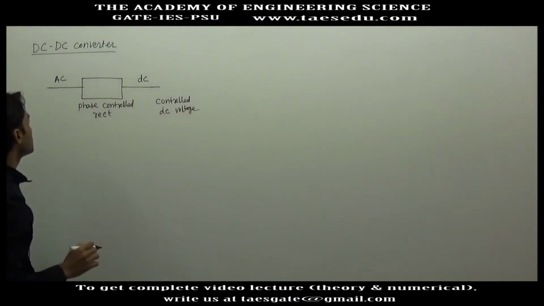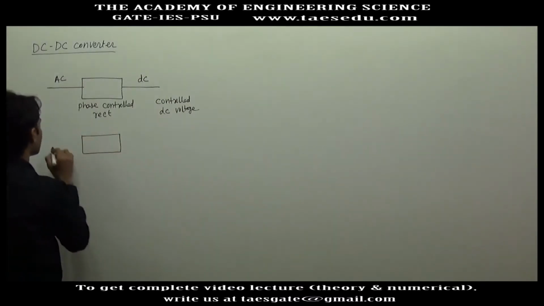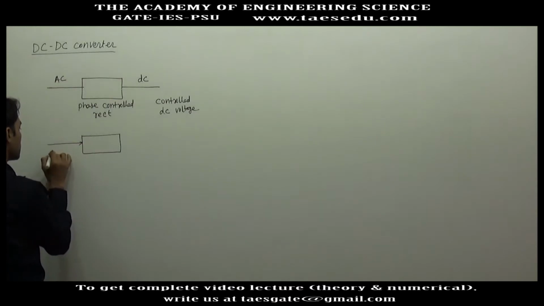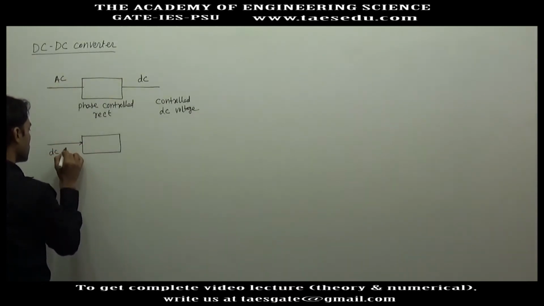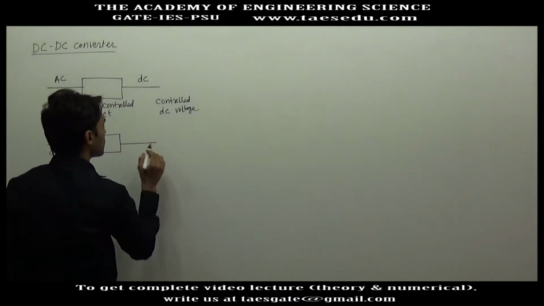In case of DC to DC converter, in the input we will have a fixed DC source, DC input, and in the output we expect controlled DC voltage.